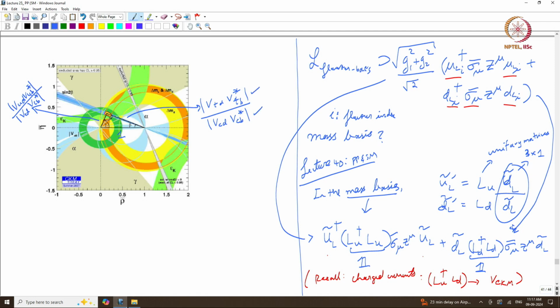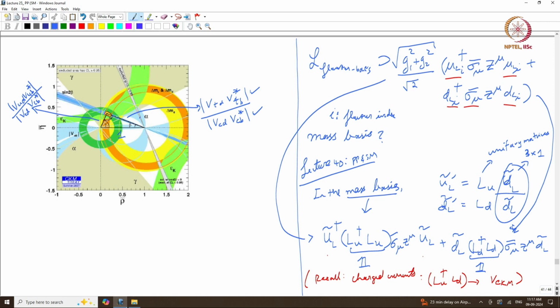There is an angle between these two sides of the triangle, and in particle processes, often you cannot really measure that angle. You can measure the magnitude of the CKM elements.